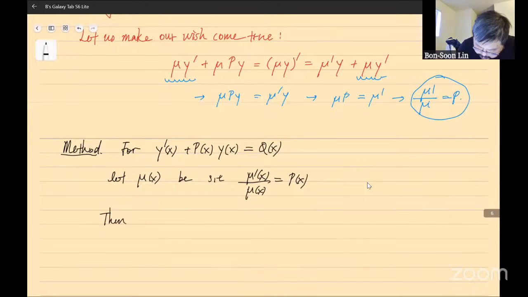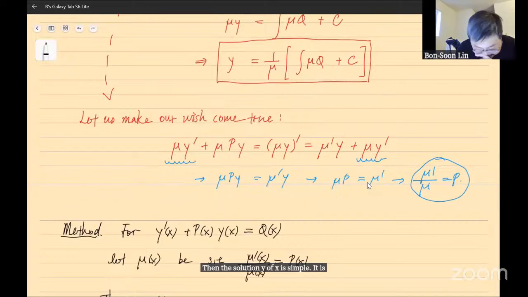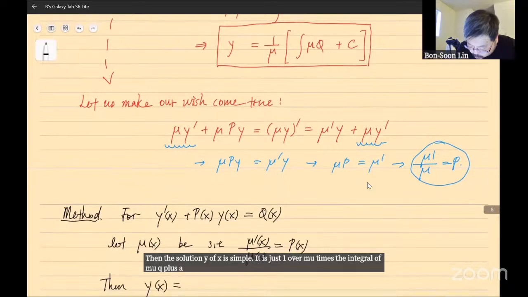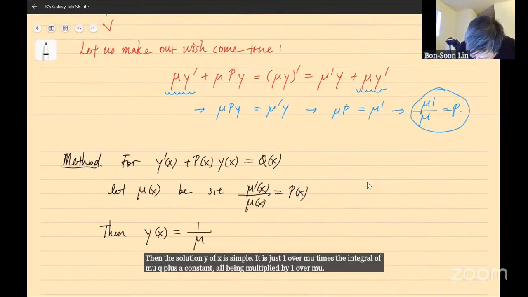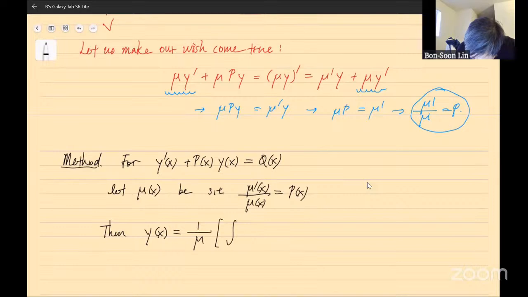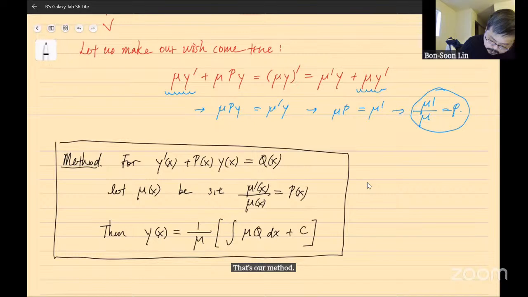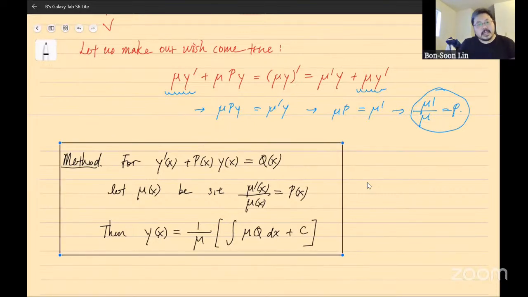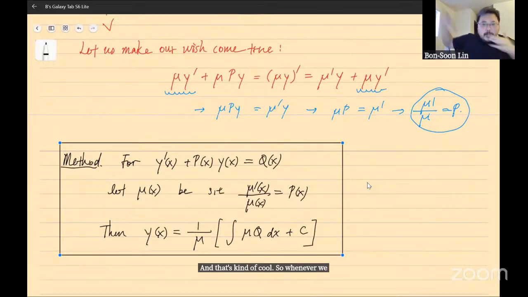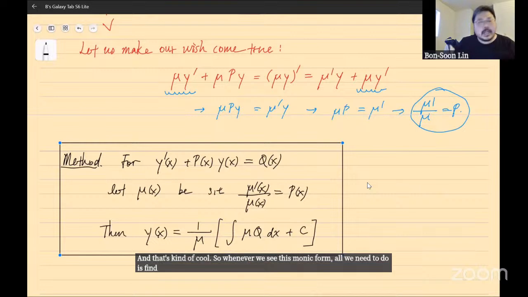Then the solution y of x is simple. It is just 1 over mu times the integral of mu q plus a constant, all being multiplied by 1 over mu. That's our method. And that's kind of cool. So whenever we see this monic form, all we need to do is find out this magical mu and plug it in, and we get the answer.